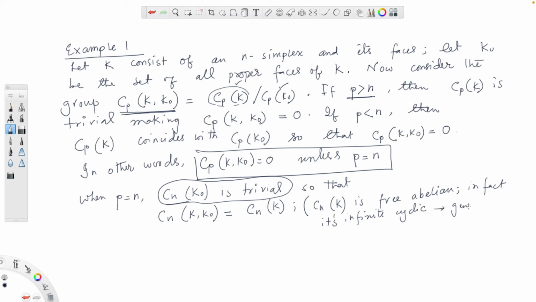generated by the elementary n chain sigma corresponding to the n simplex.